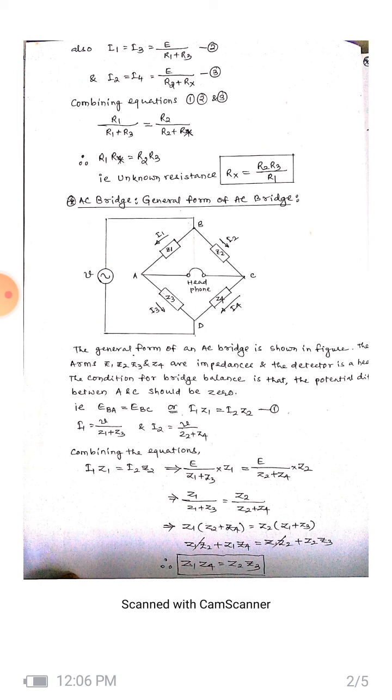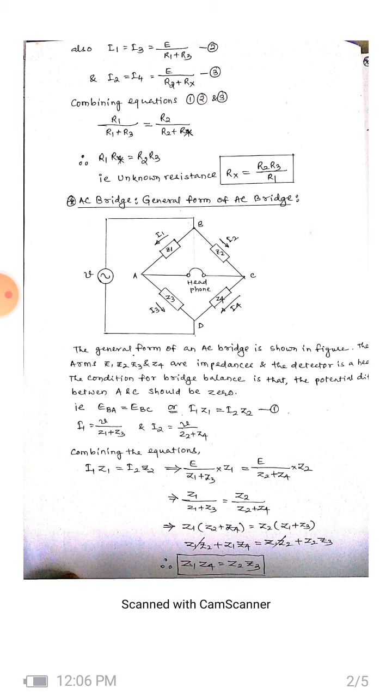Next, the concept is the AC bridge, and we are going to see the general form of the AC bridge. As I told already, the AC bridges are used to measure inductance and capacitance values, and they use AC as excitation voltage.